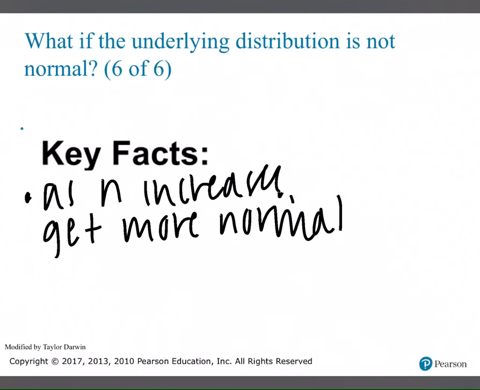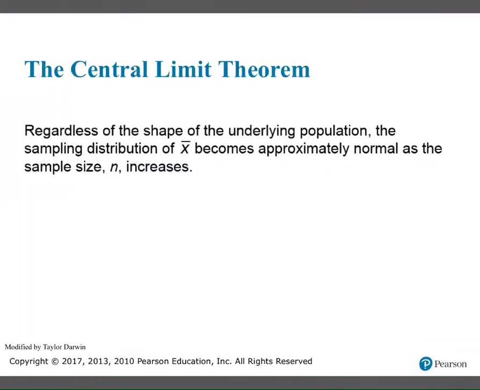And then the standard deviation will always be this sigma divided by root n, regardless of your sample size, because there will still always be some sort of variability. However, it is hard to say, well, what is a good sample size and what is not a good sample size? We know as the sample size gets bigger, it becomes more normally distributed. But we're going to have, if you will, a rule of thumb. We need to at least have this, and that sample size that we need to at least have is 30. It needs to be at least 30.